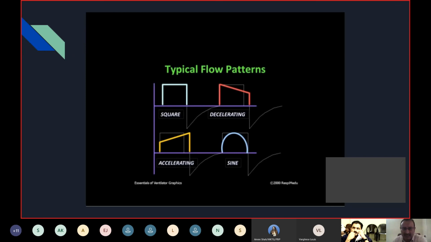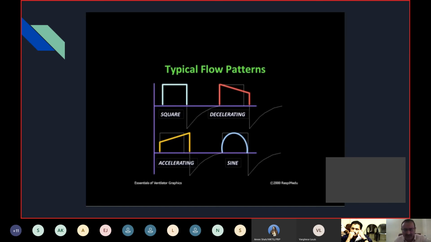So it's like a decelerating wave pattern. On your volume control mode, you can also give it like that. If by doing so the pressure is not going too high, then that is probably a better way of doing it. But if the pressure is going high, then you might have to adjust it accordingly.